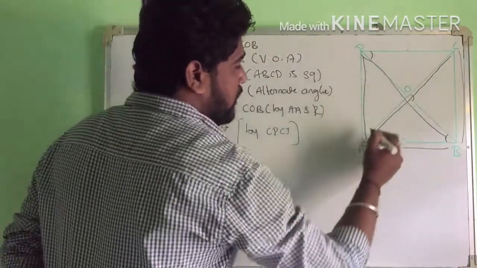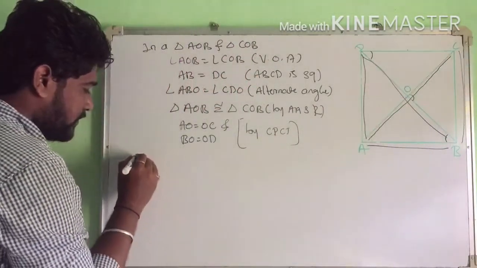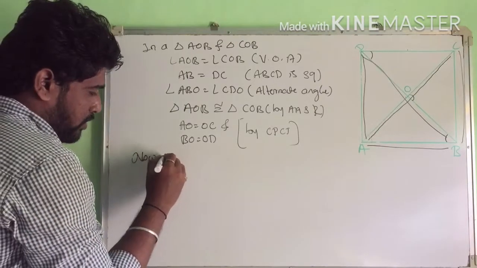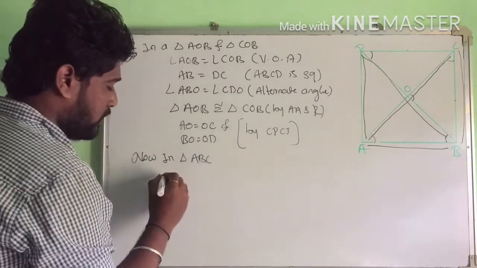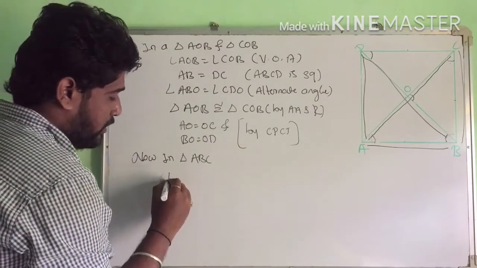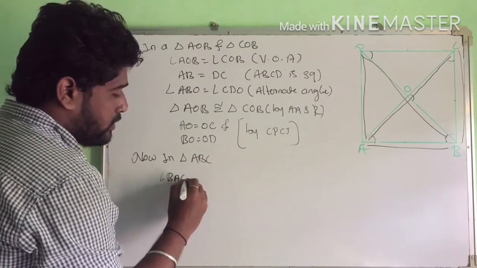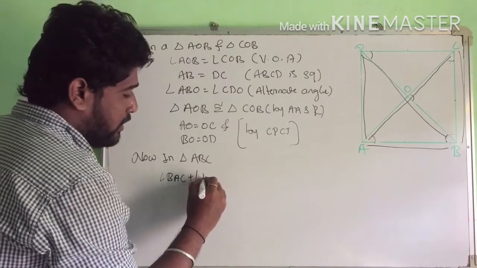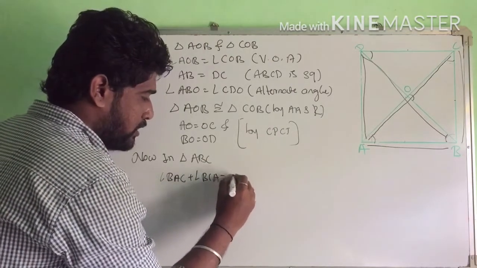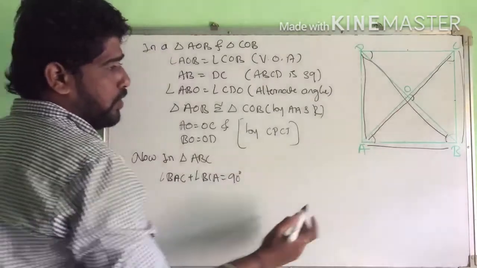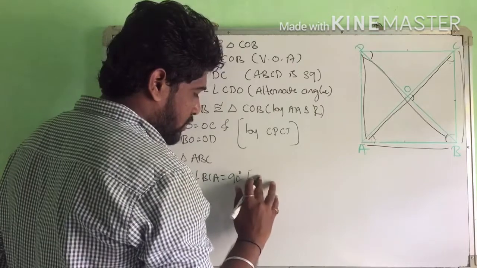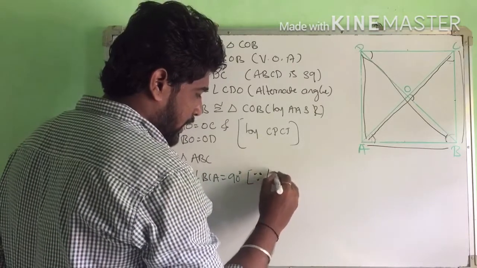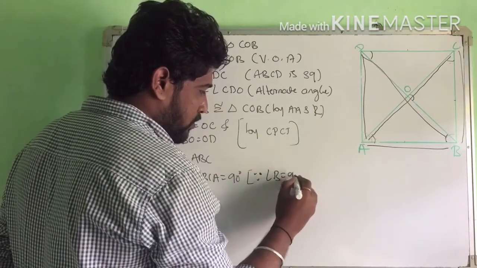So now I will consider triangle ABC. So now in triangle ABC, write down: angle BAC plus angle BCA is equal to 90 degrees, because angle B is equal to 90 degrees.